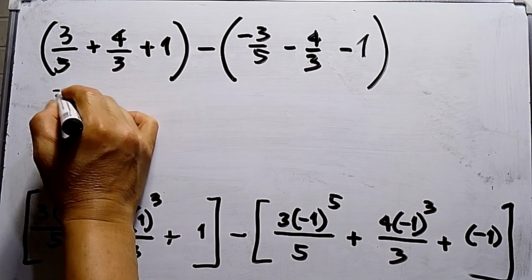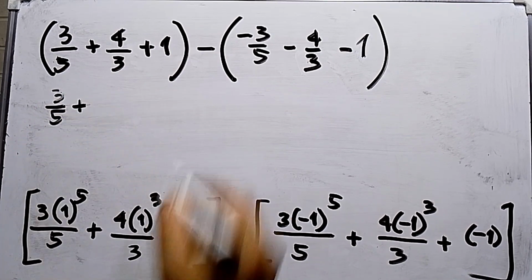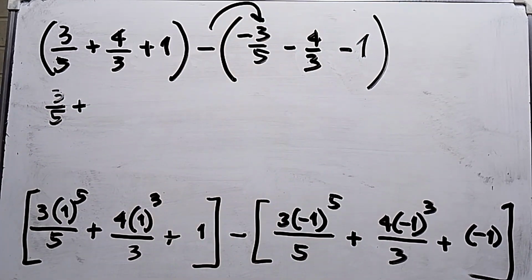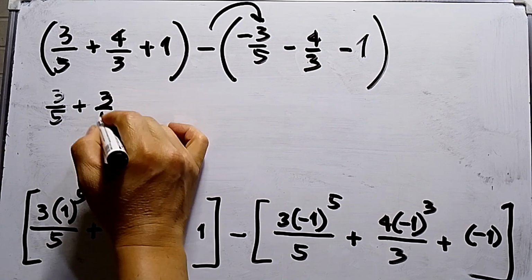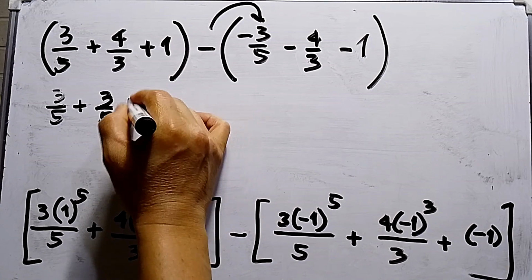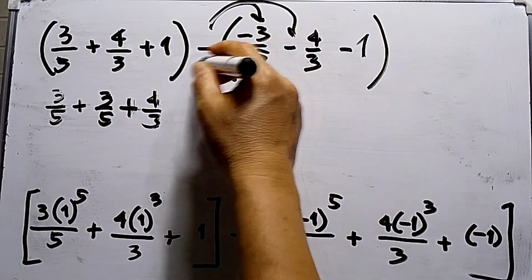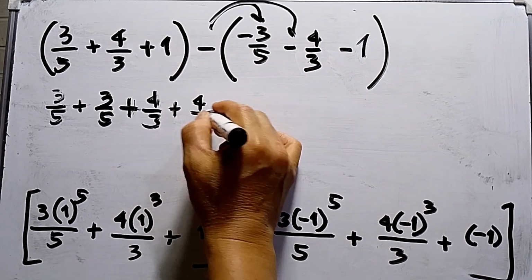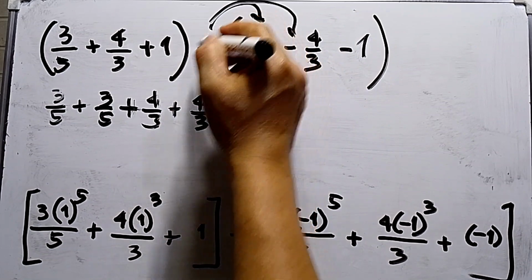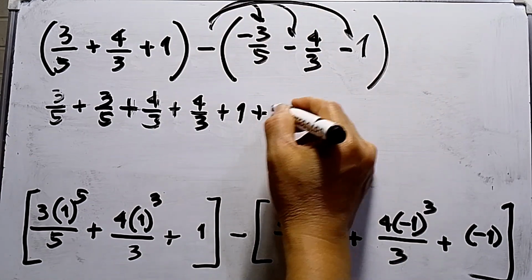So this will be 3 over 5 plus 3 over 5, then plus 4 over 3, then this will be also plus because negative times negative is plus 4 over 3, then this will be plus 1, then this will be plus 1 also.